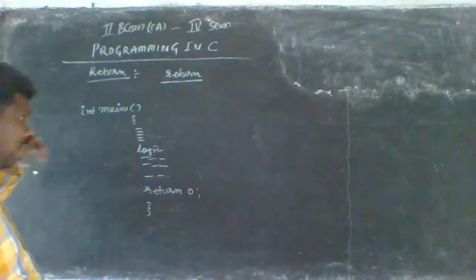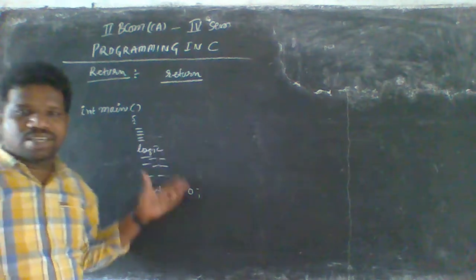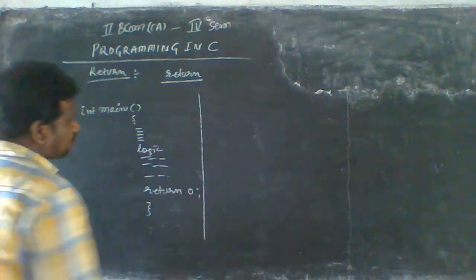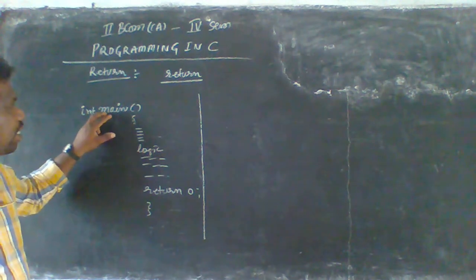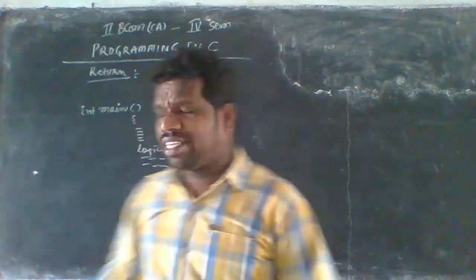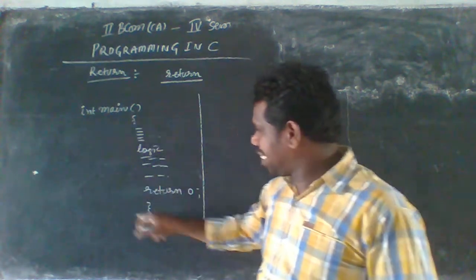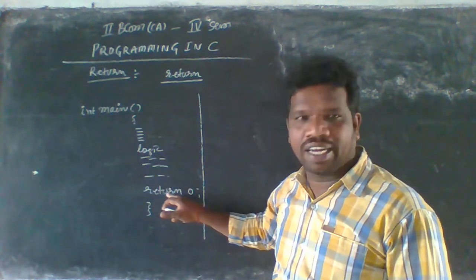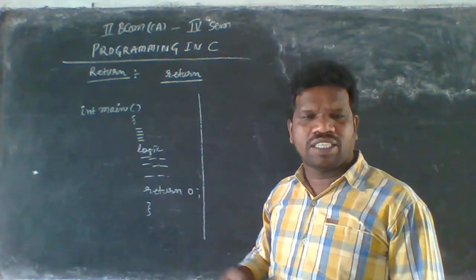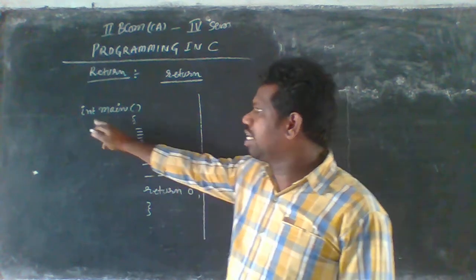This is one of the types while you're using the program. In this case, main's return type is integer here. Why? Because it returns the 0 here. 0 belongs to the integer part, so that's why we have to declare the integer here.